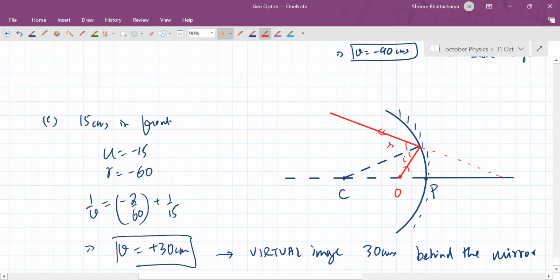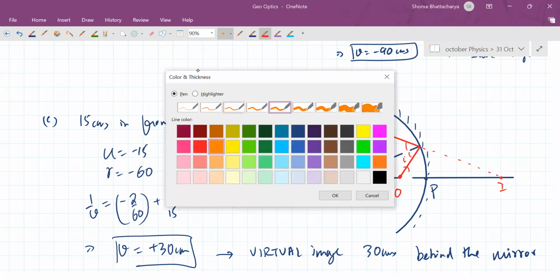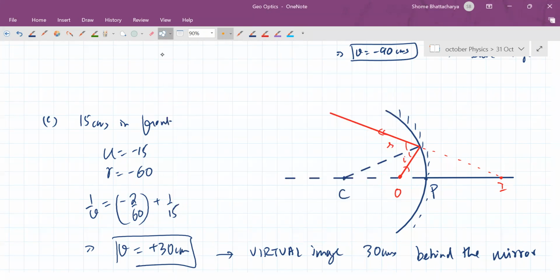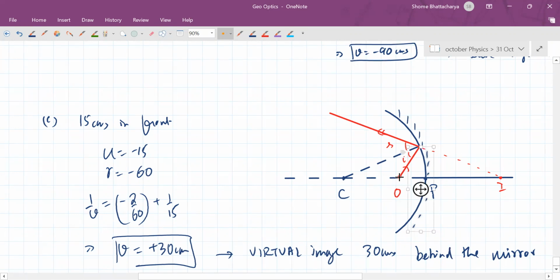Hence the virtual image. So this is the ray diagram corresponding to the situation.